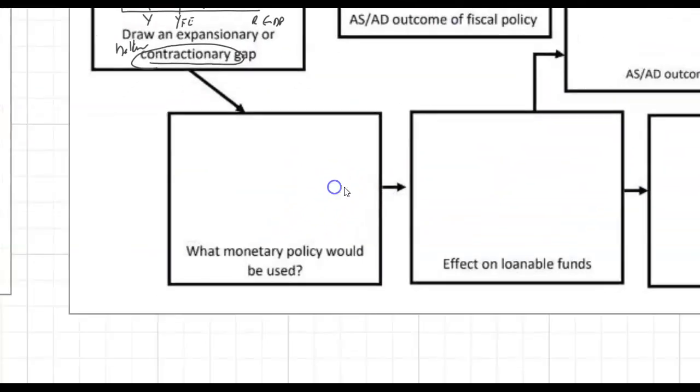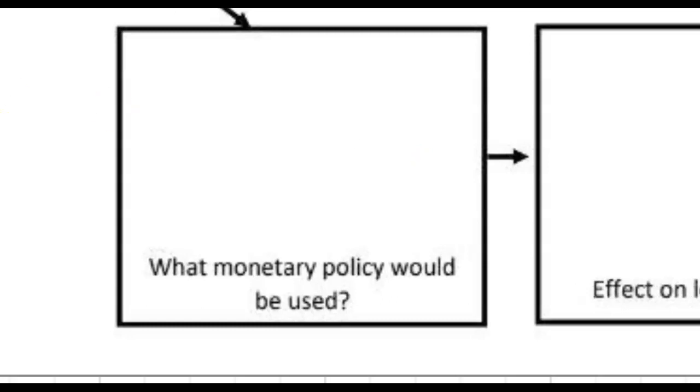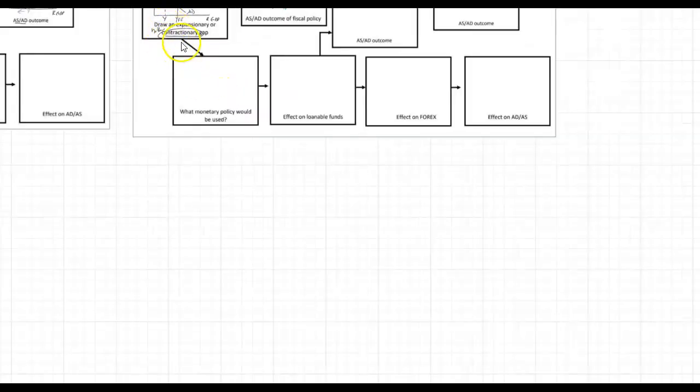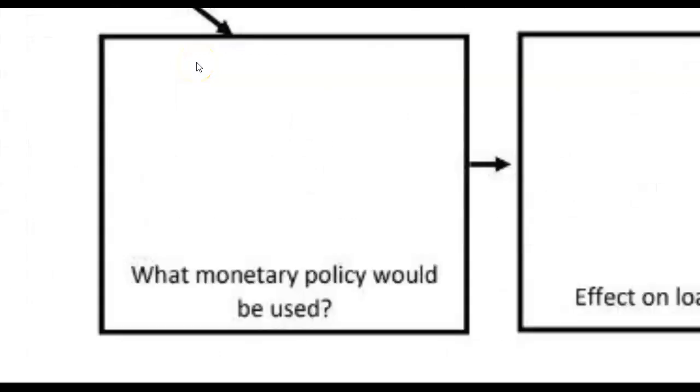What monetary policies would you use? And again, what we're talking about here are the limited reserves. So we're going to try to resolve this contractionary policy right here. Then we want to do expansionary monetary policies. That's going to be decrease the reserve requirement. This is going to be limited reserve.